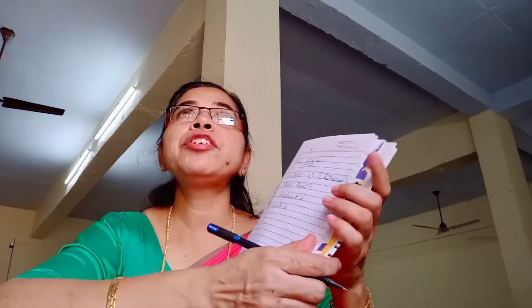Then children, C-H-I-L-D-R-E-N. After that we have to place apostrophe. Fourth is elephant's. Then the fifth one is earth, E-A-R-T-H. After earth, place apostrophe s. So up to 5 I will show you here the words.